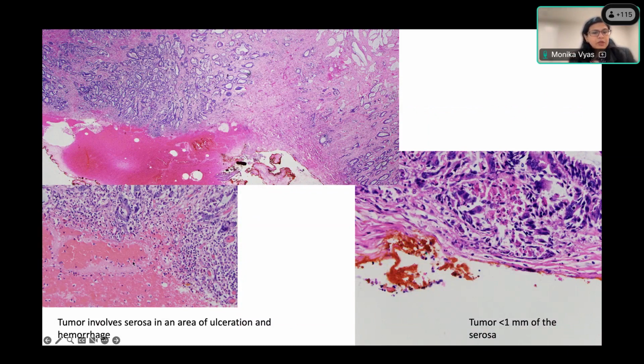If the tumor involves the serosa in an area of ulceration, so if you have only inflammatory cells between the tumor and the serosa, that is also pT4a. Here, this is a very controversial area. Here we have tumor going right up to the serosa, and I'm very certain that this serosa is involved by tumor in some place, right?